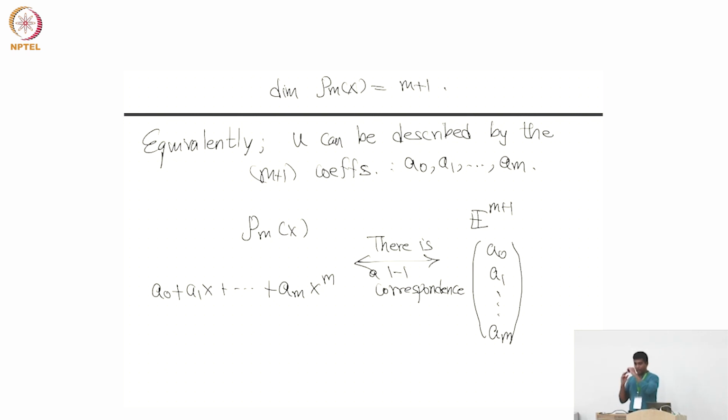And I can go the other way around too. If I gave you an element of this space, I can construct a polynomial out of that. Whatever is the length of that tuple, I'll assemble a polynomial of degree 1 less than that, right?